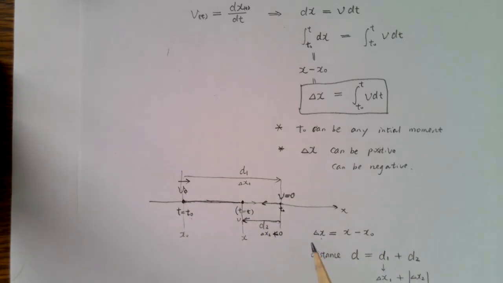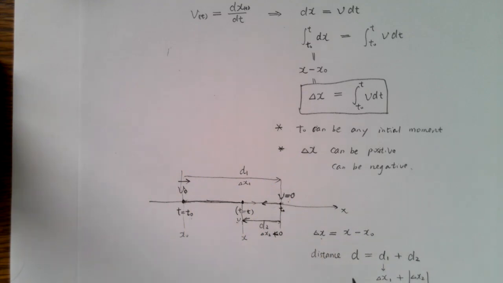So the displacement will get smaller, but the distance will keep increasing, because distance always equals the absolute value of the displacement if it moves along the same direction. So from here to here, same direction. From here to here, same direction. But for the entire time interval, the velocity does not have the same sign. The direction of the motion has changed. So that will be the key point.